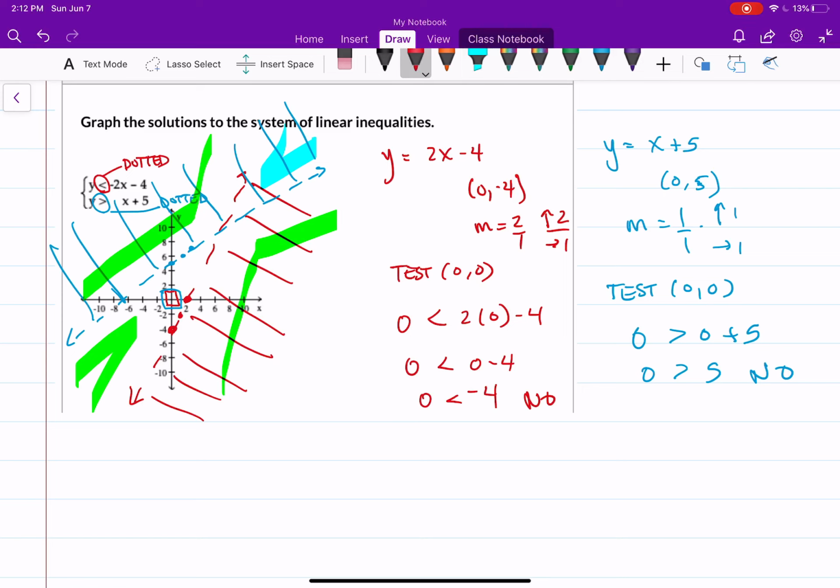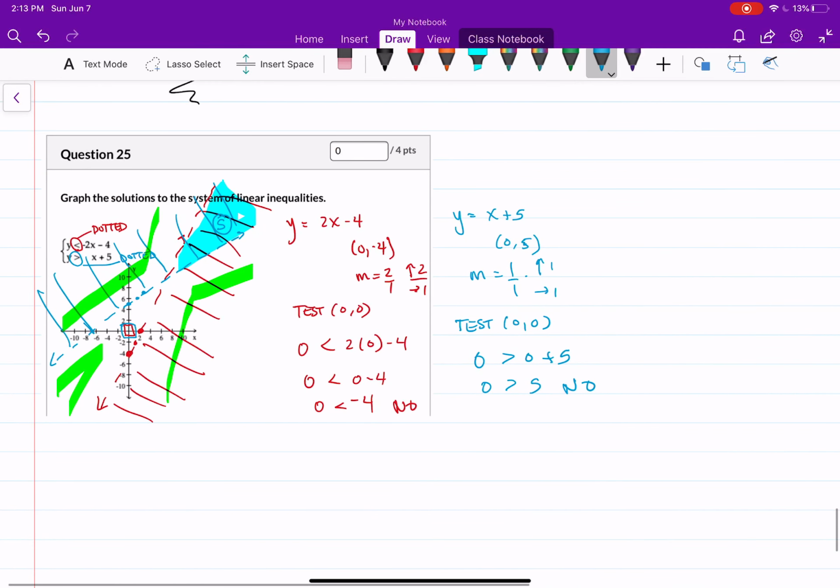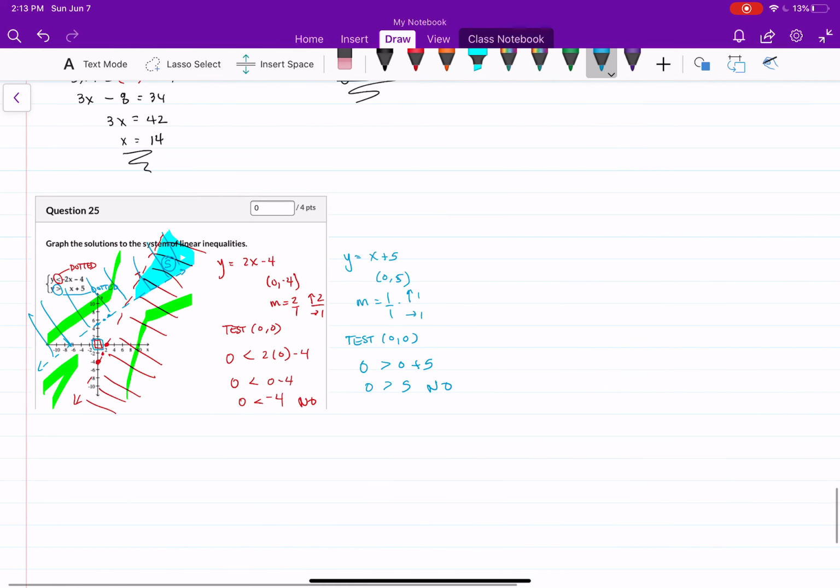So if I extended the red out, I would still be shading this way. So this region right here is shaded twice. So that would be my solution. Okay? So that's how you go about doing it. You ignore the rest of it because it's only shaded once or none, where shaded twice would be your solution.